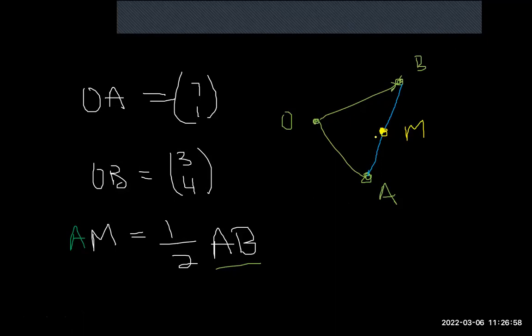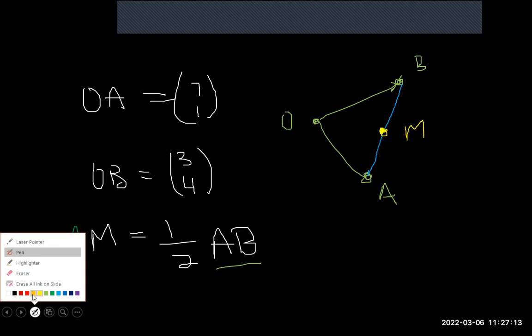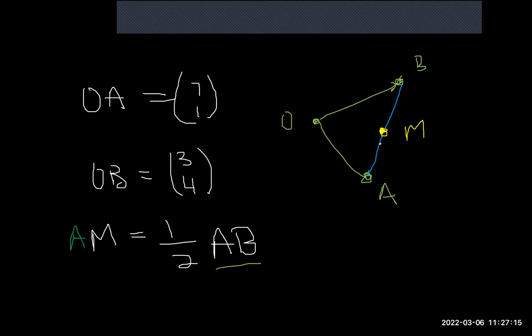But remember, position vector also means the point. So what I'm really trying to find is this point M. What is the point M on this line? How exactly can we do that? Well, like I was showing you just now, I could use this vector right here. From A to M, I know AM, which is exactly half of this line AB, would be equal to a half AB.